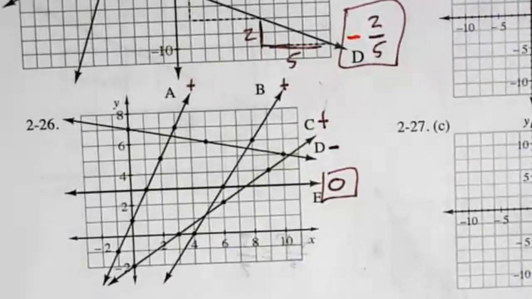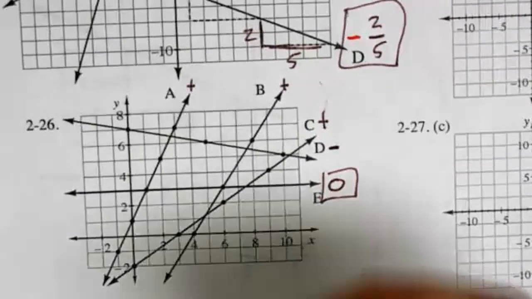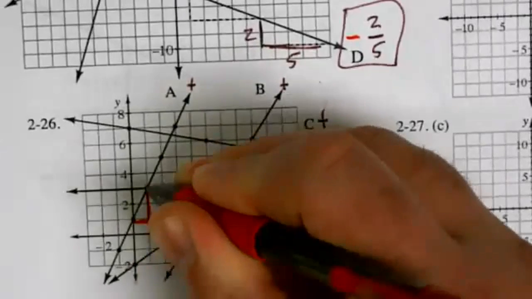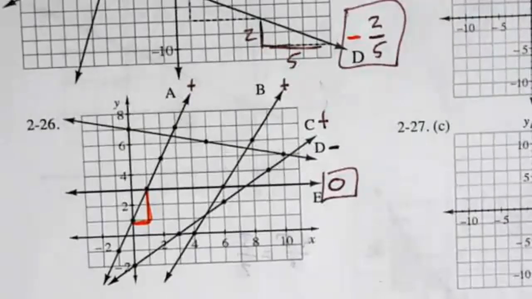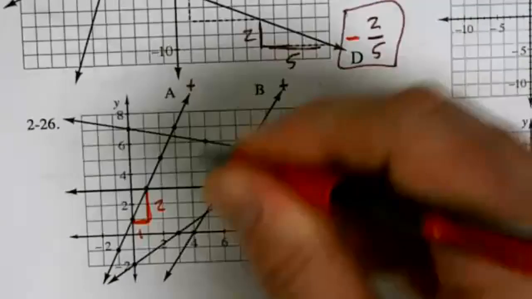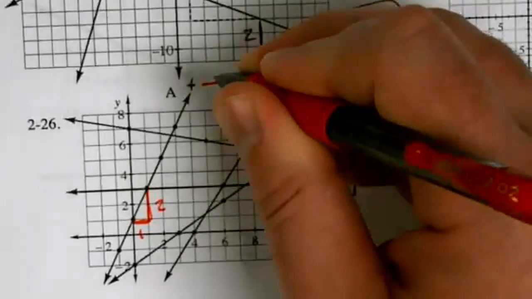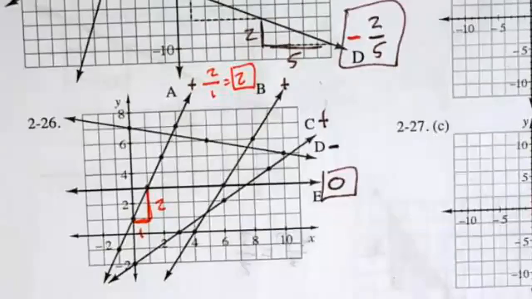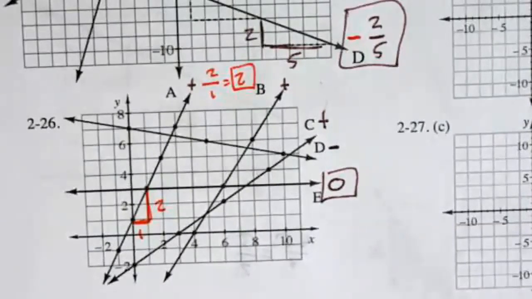But for all the rest of them, we do need to make a slope triangle. You can choose any 2 points on that line that you want to make your slope triangle. For A, I don't know why, but I'm choosing those 2. And I put my numbers in there, and then I write my slope. Could you guys go ahead and find slopes for me for B and C and D and A?